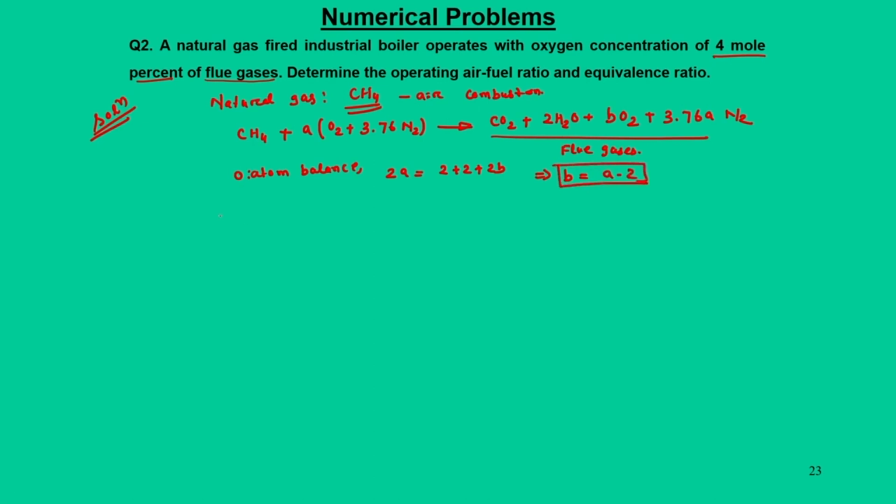The other equation: x of O2 is equal to 0.04. What is this x of O2? It is the number of moles of O2 divided by the total number of moles in the mixture.